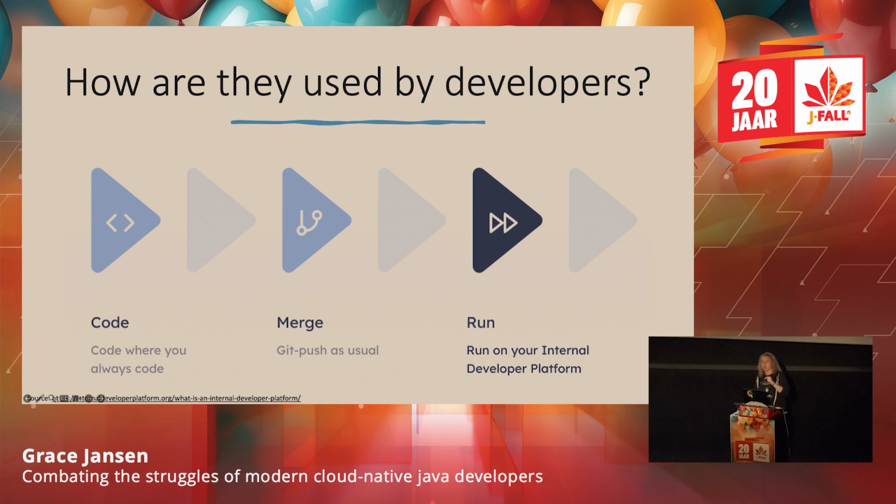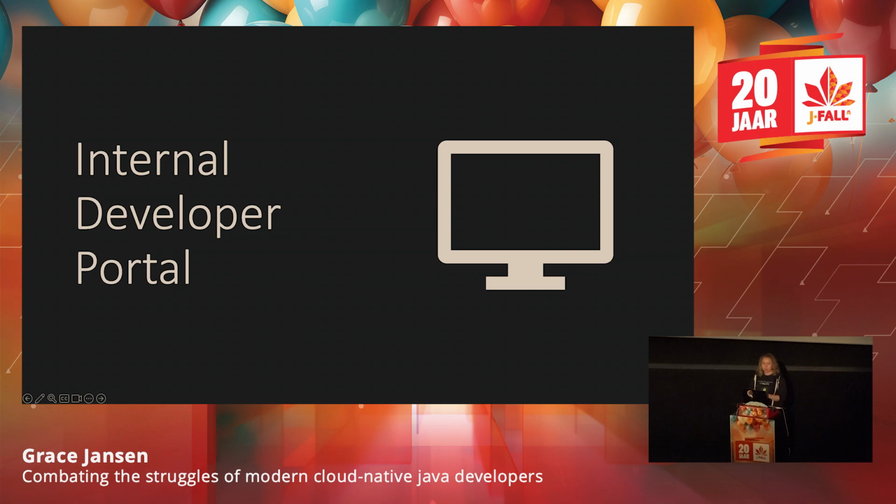So it's enabling that efficiency. Normally what we have is 3 panes of glass, as we call it. We've got the IDE to code in, Git to merge, and then the IDP to actually help ship it. So we should be able to just interact with those 3 to get through the whole cycle that we need to as developers. That's the IDP, that collection of tools.